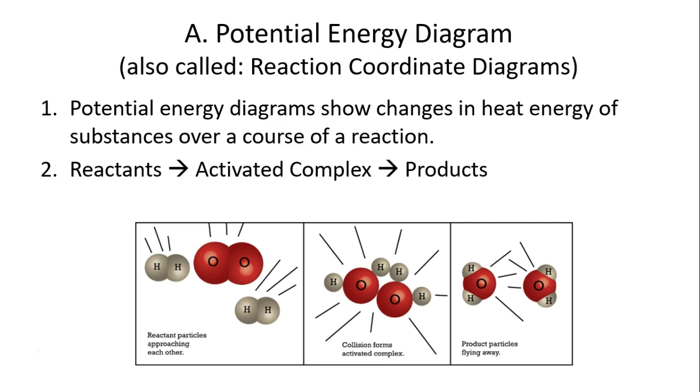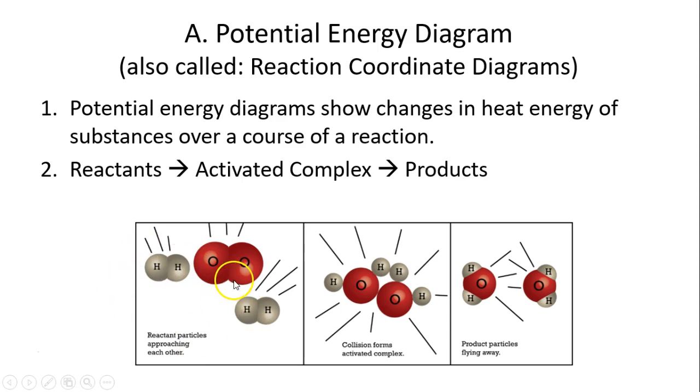So it says here, potential energy diagrams show changes in heat energy of substances over the course of a reaction. So what happens during this reaction is you get reactants that turn into an activated complex when activation energy is introduced, and then they move on and form products. And so you see this picture here with hydrogen and oxygen.